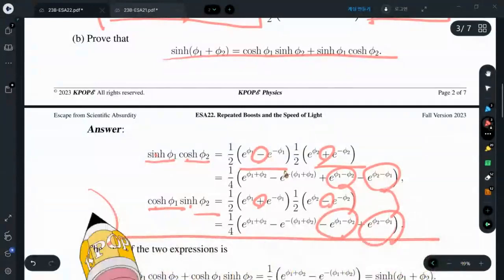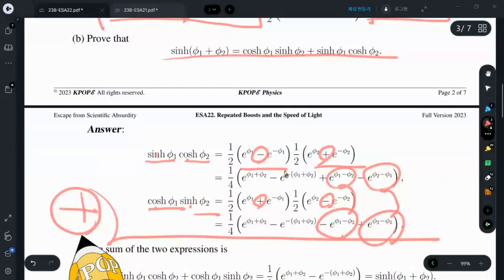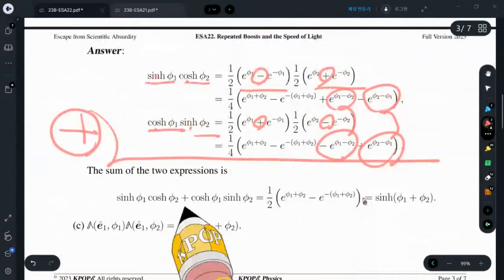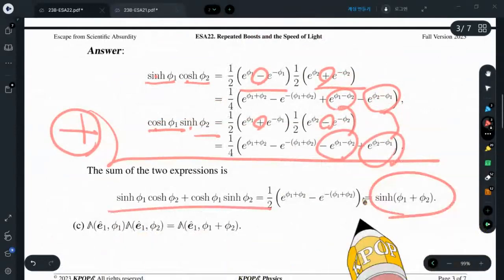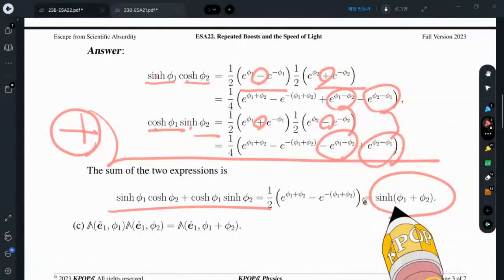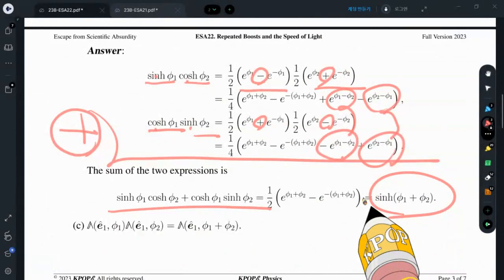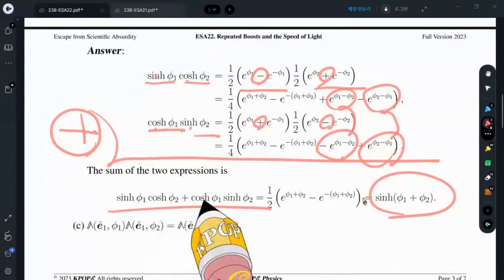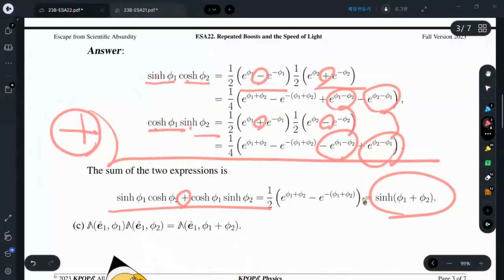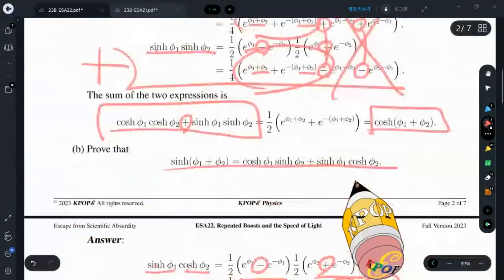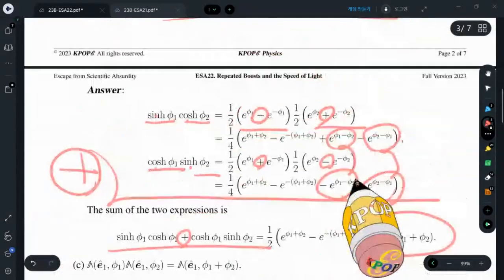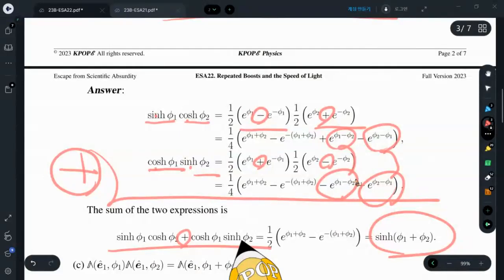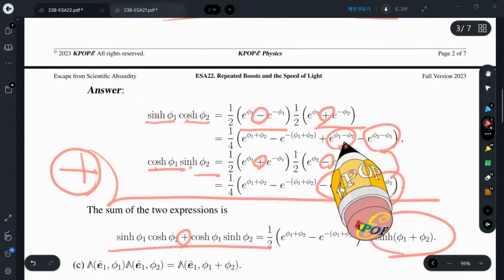So again I end up with the sum of angles for the sine hyperbolic function. So the addition rule for the hyperbolic functions is the same, except that both terms have a positive sign.